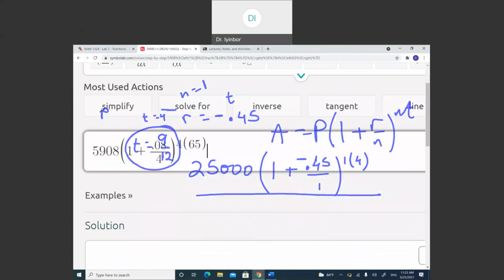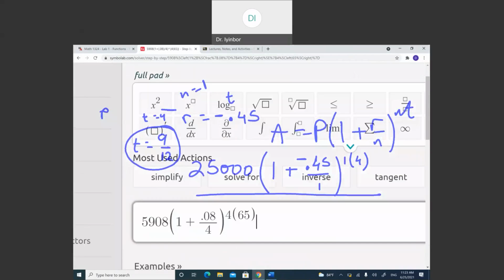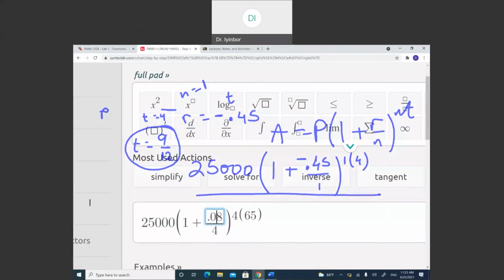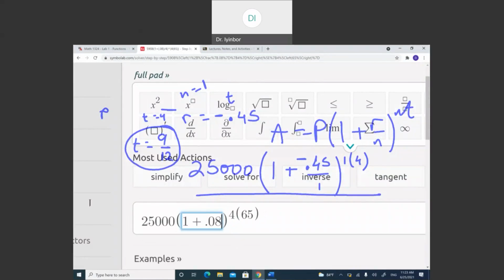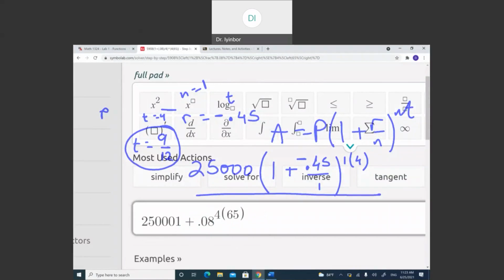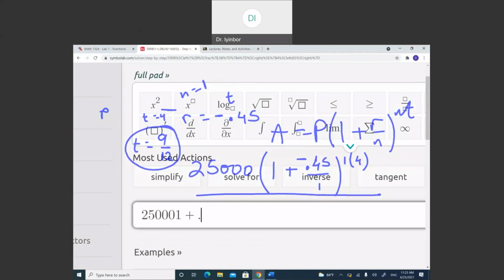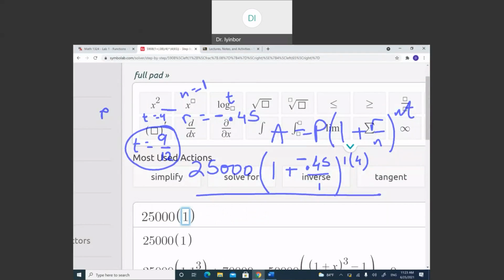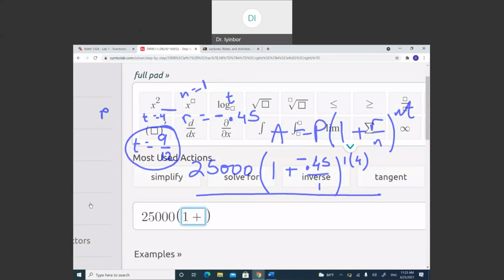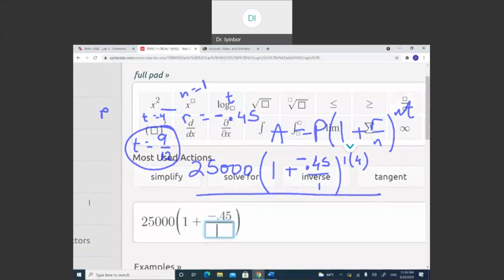So here, the first number is 25,000. Then we have 1 plus the fraction, negative 0.45 over 1, I'm sorry, over 1.